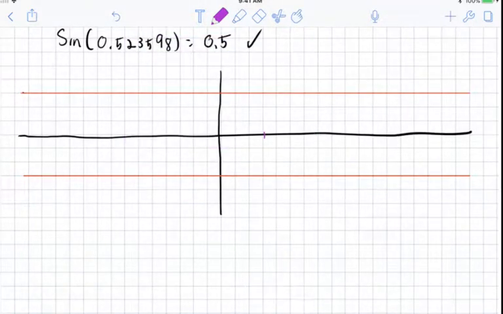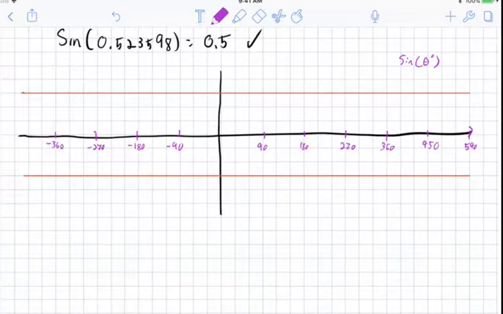In degrees, it goes like this: 90, 180, 270, 360, 450, 540, minus 90, minus 180, minus 270, minus 360. So the sine function looks like this.